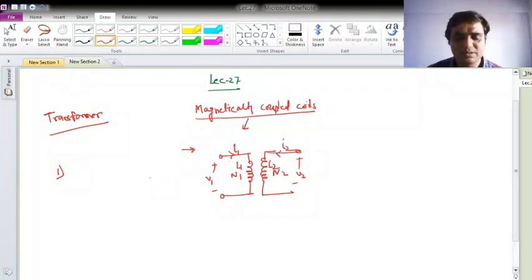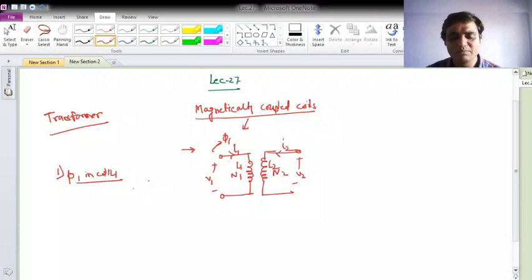The first condition is that the part of flux phi1 in coil L1 must be magnetically coupled to coil L2.